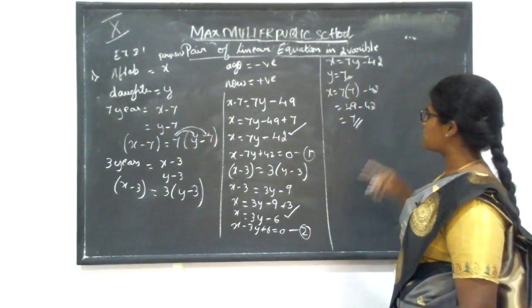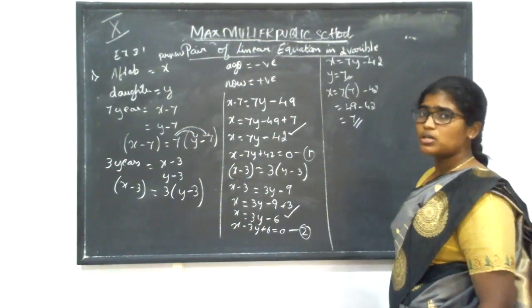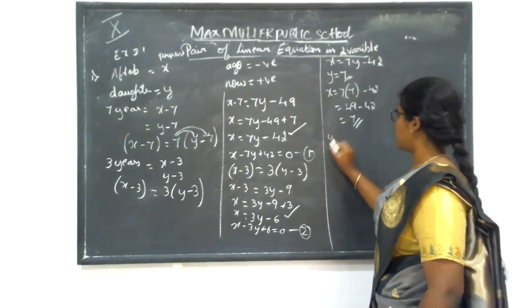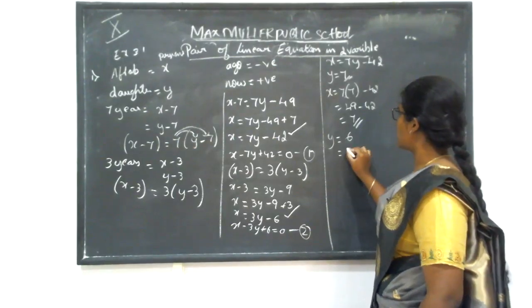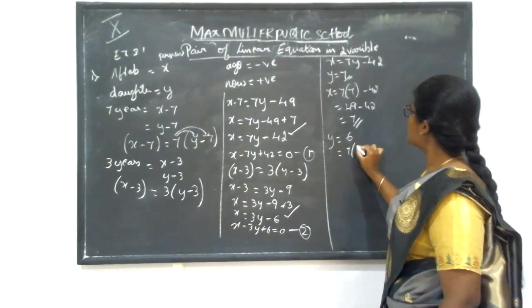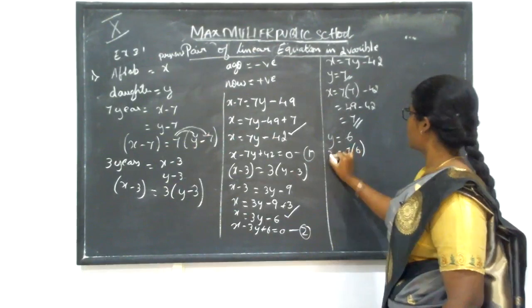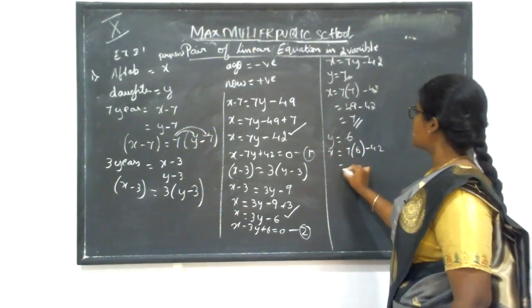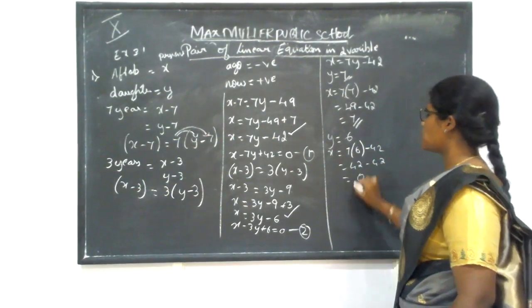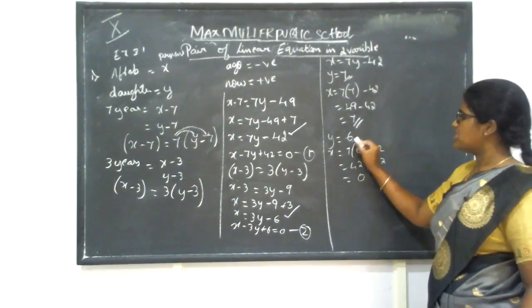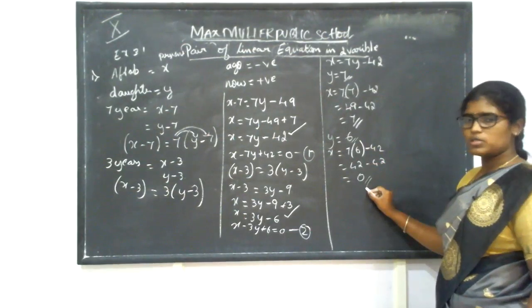When y is equal to 7, x is also equal to 7. Then next one. If I take y is equal to 6, what happens? x is equal to 7 into 6 minus 42. 7 sixes are 42 minus 42. 42 minus 42 is what? 0. So when y is equal to 6, x is equal to 0.